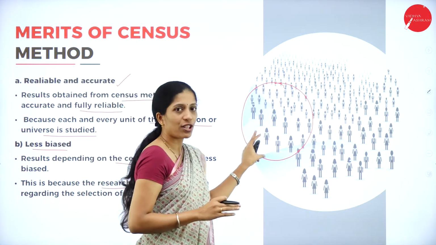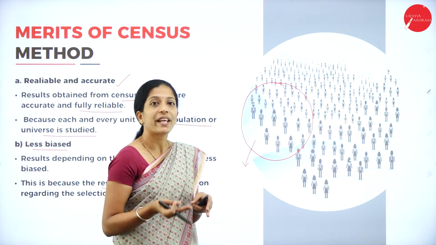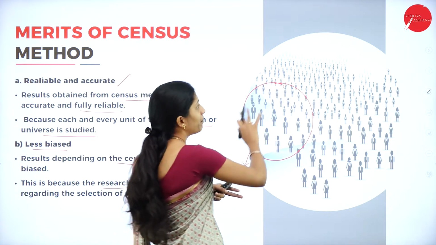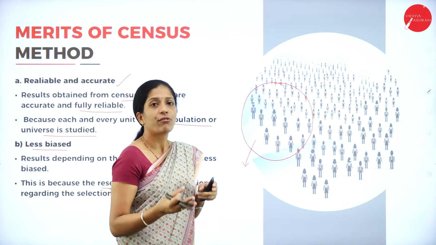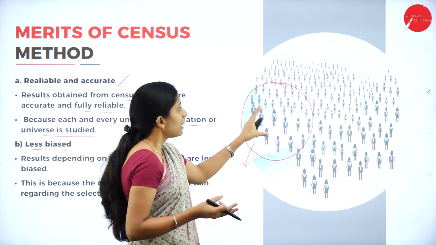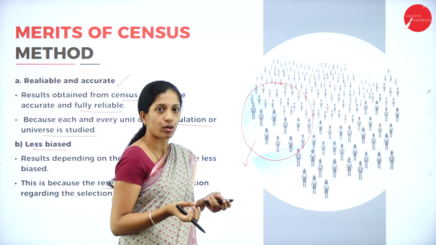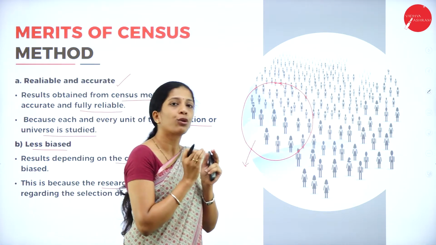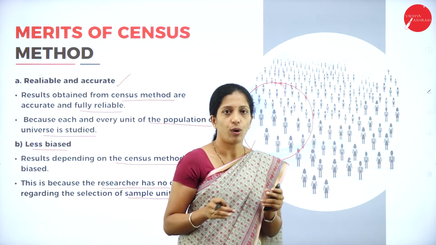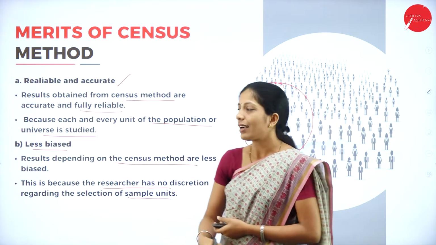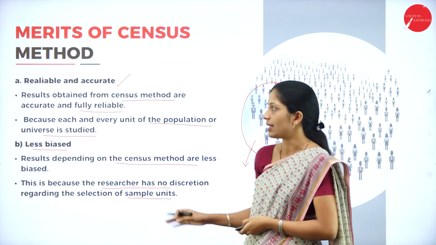But whatever information is given by the sample may not be correct, because compared to the whole population we will get different opinions and different information. Those who represent the whole population might give wrong information also. So we can't judge by taking a group of people; a group of people cannot represent the whole population. So in this census method there are fewer chances of bias.